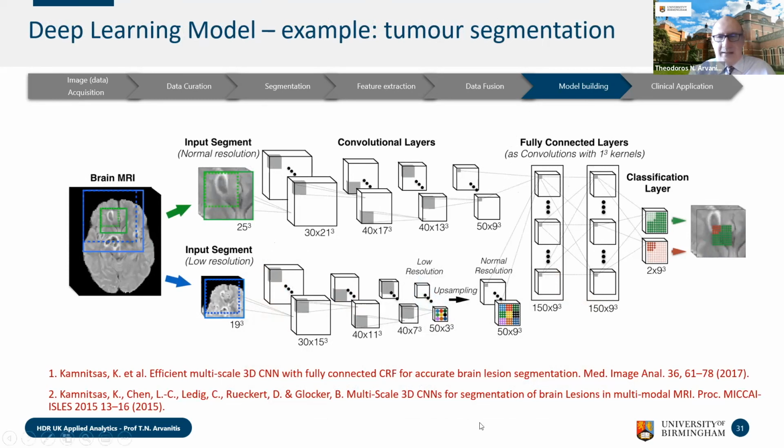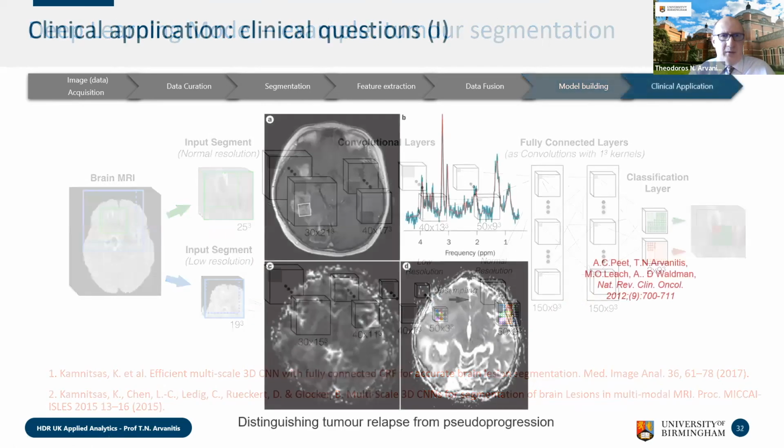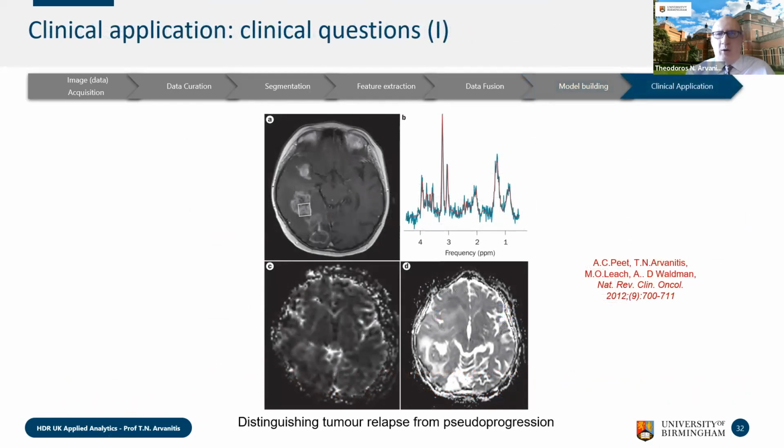And as you can see, the MICCAI conference and the medical image analysis publications have quite a lot of that work. Why all of this is important, why it is important to build this information, is because from an early stage, we realized that this has an important clinical application. You can be able to make appropriate clinical decisions.